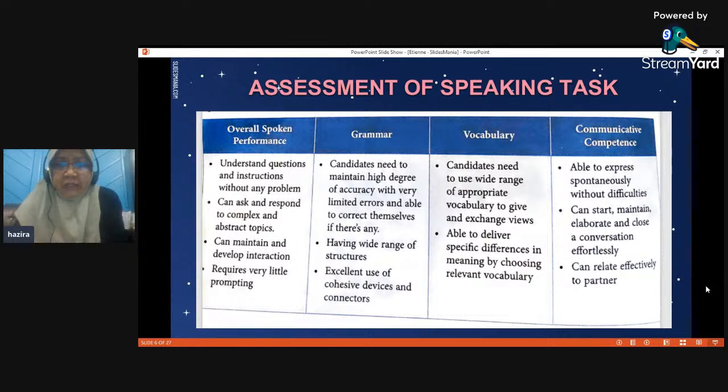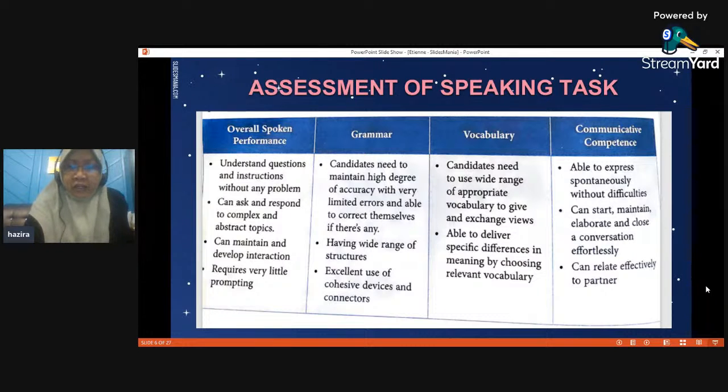Grammar refers to your ability to communicate accurately with control of grammatical structure and the ability to link all your ideas together using cohesive devices. You need to maintain a high degree of accuracy if you want to get full marks for your grammar.